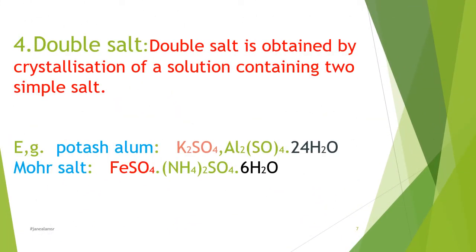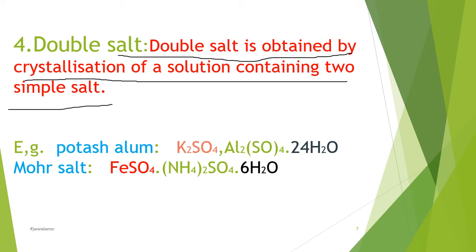Next we go to the fourth, that is double salt. Double salt is obtained by crystallization of a solution containing two simple salts. That means here the example is potash alum having two salts. One is K2SO4, potassium sulfate, the other is aluminum sulfate Al2(SO4)3, and containing 24 molecules of water.